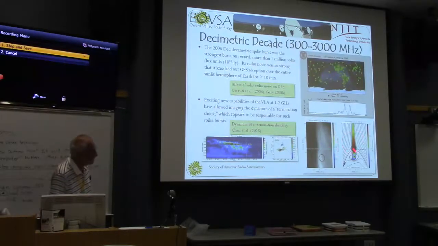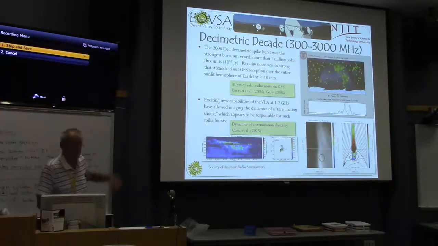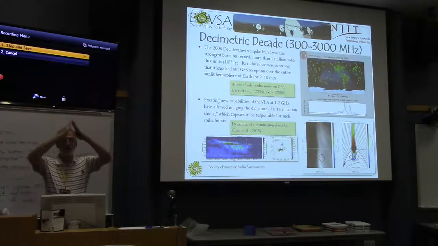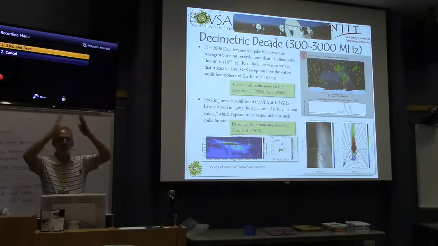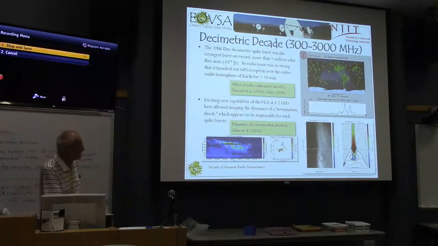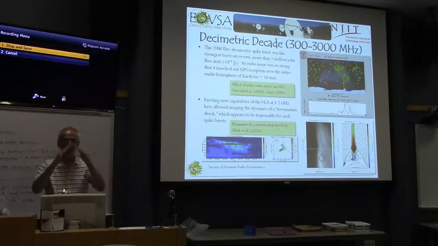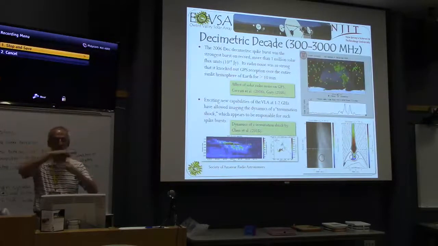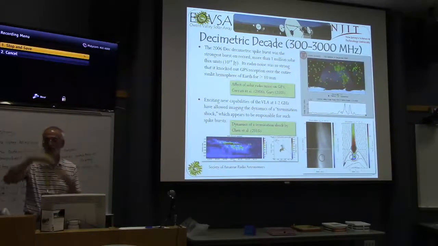And this is a model, this is the magnetic field in the model, and this is the density of a jet coming down. So the idea is that above this, there's some reconnection of magnetic field, releasing energy. This plasma is moving downward. It's forming a shock wave at the bottom where the new loops are forming. So they close and form a loop, and this jet hits the top of the loop and forms a termination shock.